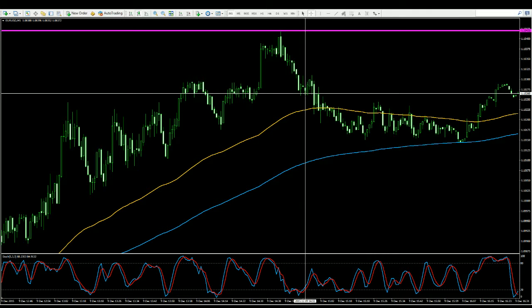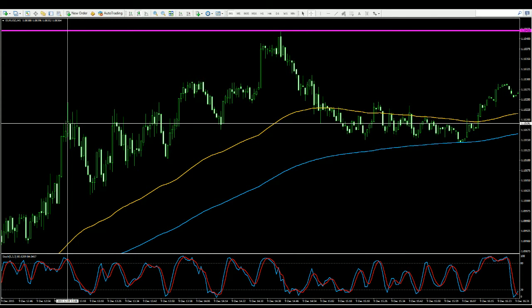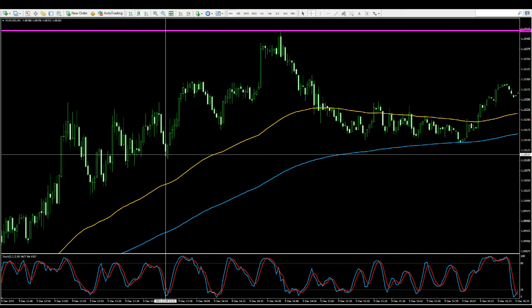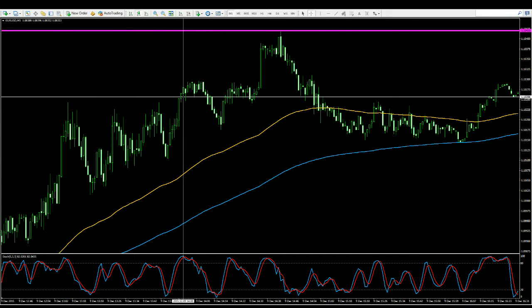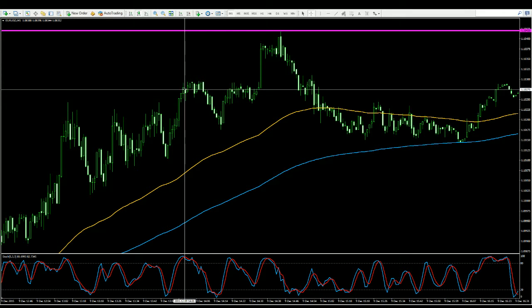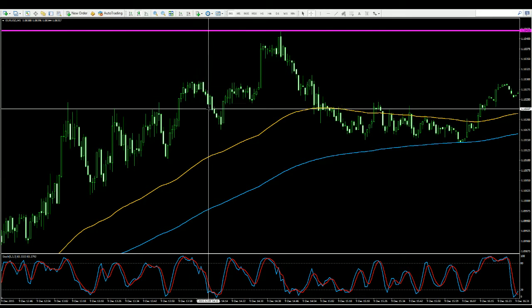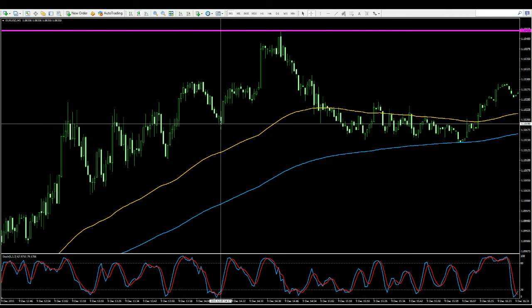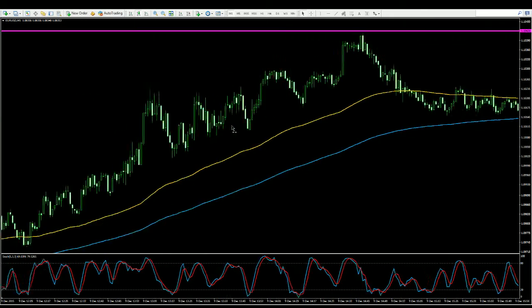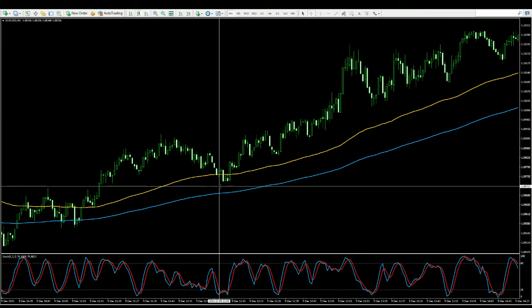I don't know about the other assets. You can go back, look at your charts, and you will see lots of areas where this has happened. Here again, you see clock is after 2, price went down.